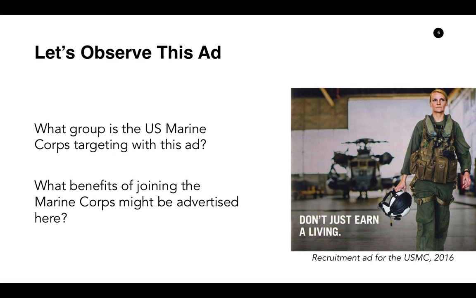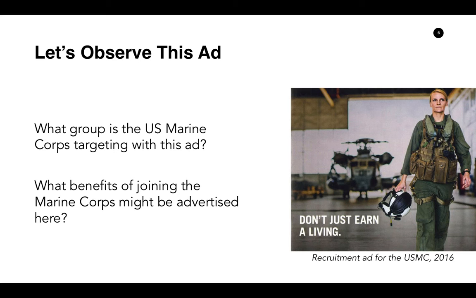Okay, so if you think this ad is targeting people who are looking for a purpose in life, it really isn't that. That wasn't the main purpose of this ad. The purpose of this ad was to attract more women into the U.S. Marine Corps.